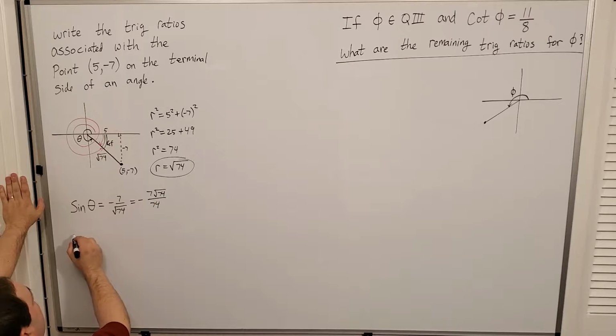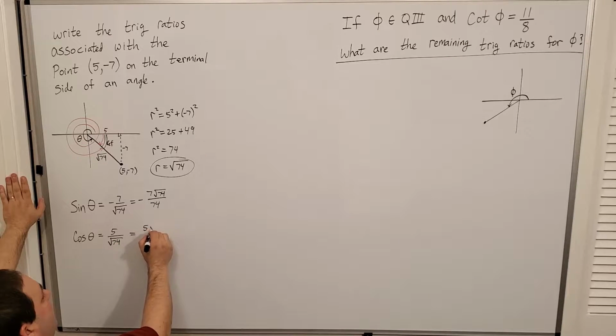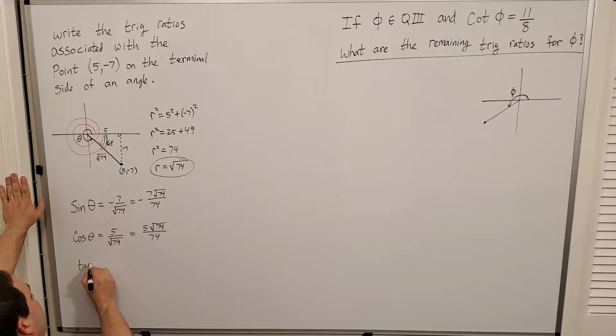Okay? Cosine theta is going to be 5 over square root of 74, which is rationalized as 5 square root of 74 over 74. Tangent of theta is going to be y over x, negative 7/5.